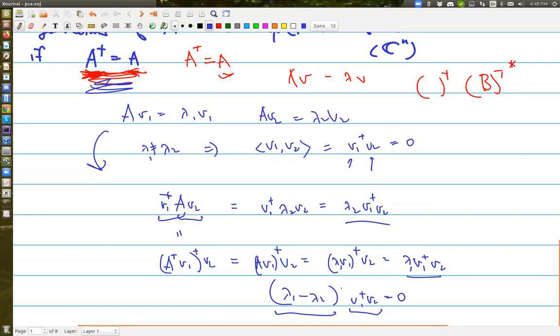So with this, it's not a complete proof. It already suggests that you can use the eigenvectors. If I have a Hermitian matrix A here, if I have A equal to A Hermitian, then I can use these eigenvectors V1 up to Vn. And in general, I can have the inner product of Vi and Vj equal to 0 when i is not equal to j.